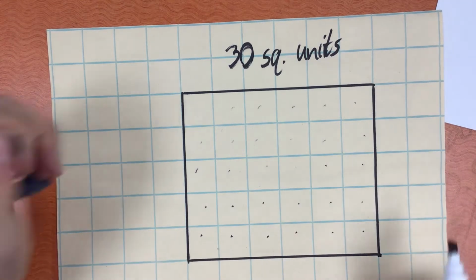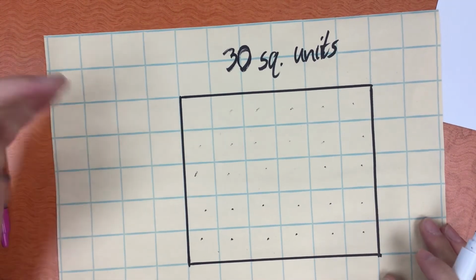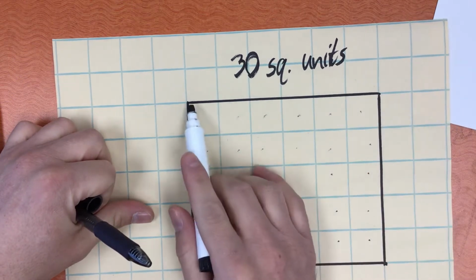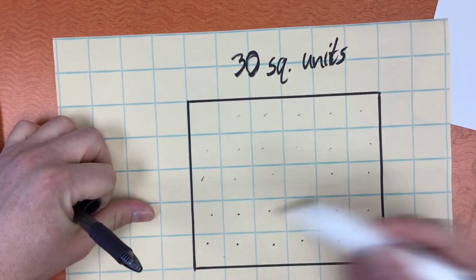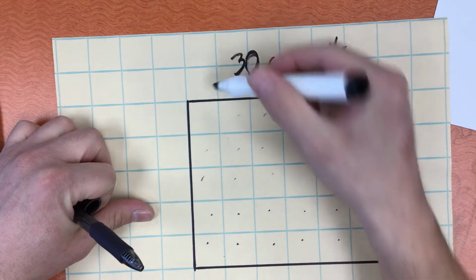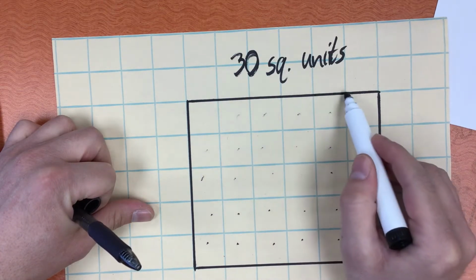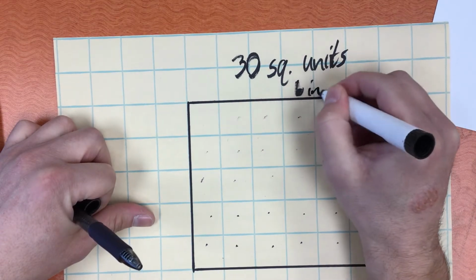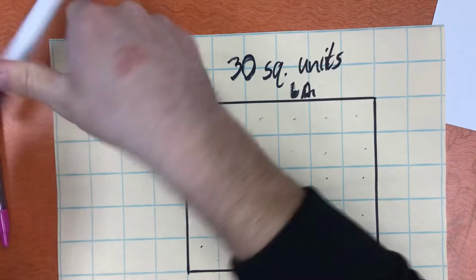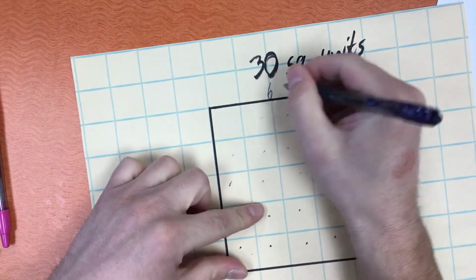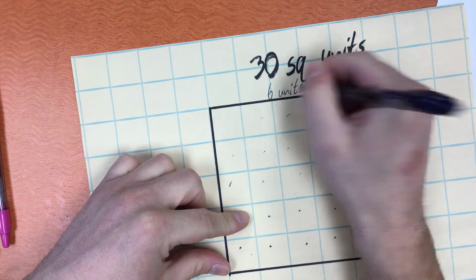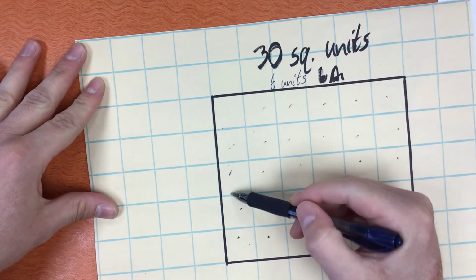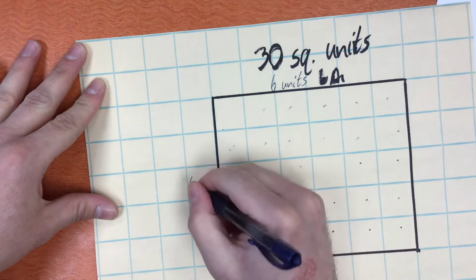The easier way to do that would be to use a formula though. And I'm sure a lot of you know this. This is just a review, but if I count how many units are on one side and how many units are on the other side, I can multiply them. So I can go 1, 2, 3, 4, 5, 6. So it's 6 units. And then on this side I have 1, 2, 3, 4, 5.